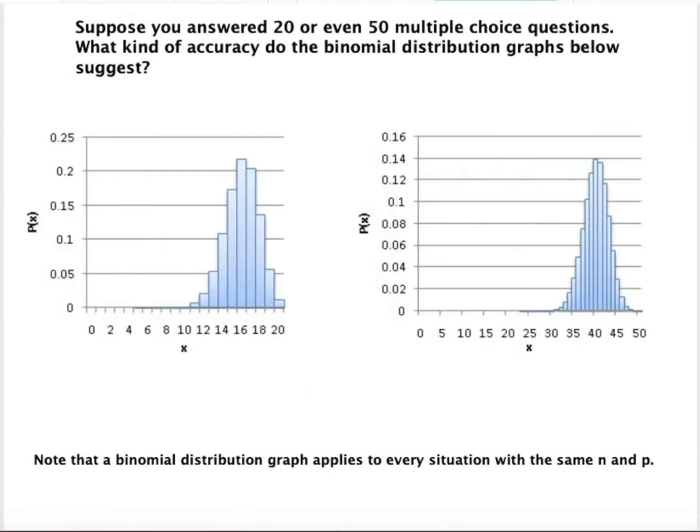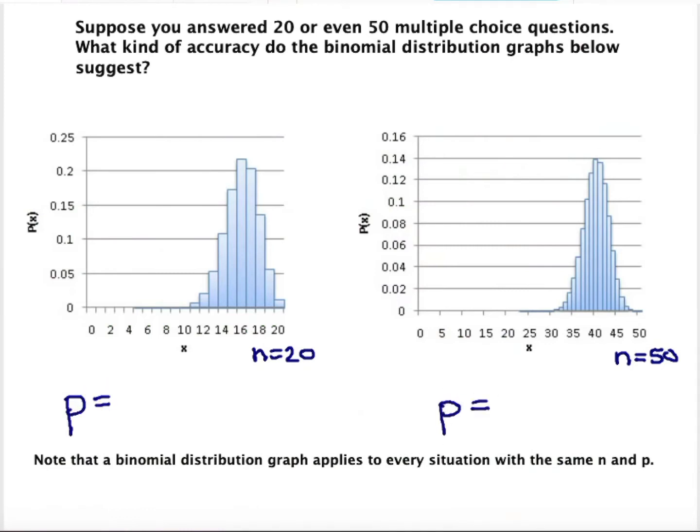On this problem, they already made the probability distribution graphs for n equals 20 and n equals 50. And they were talking about us answering 20 or 50 multiple choice questions, and how accurate were they if we took these probabilities into consideration? What was our probability of guessing each question correctly?